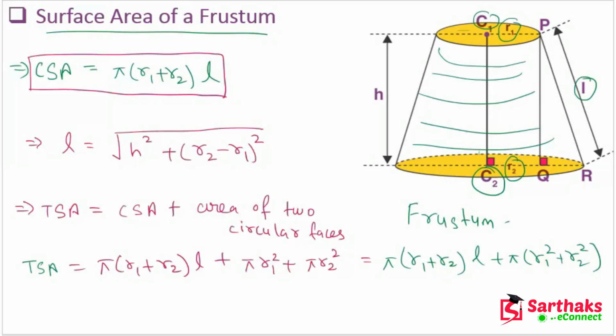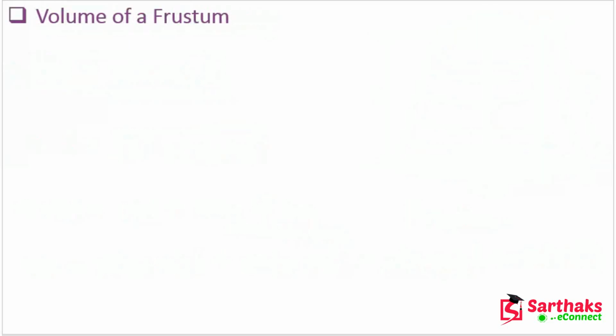Okay, so now let's come on to the volume of a frustum. What is the volume of the frustum? My dear friends, we know that the volume of the cone is 1 upon 3 pi r square h. So the volume of the frustum is 1 upon 3 pi into h (r1 square plus r2 square plus r1 r2).